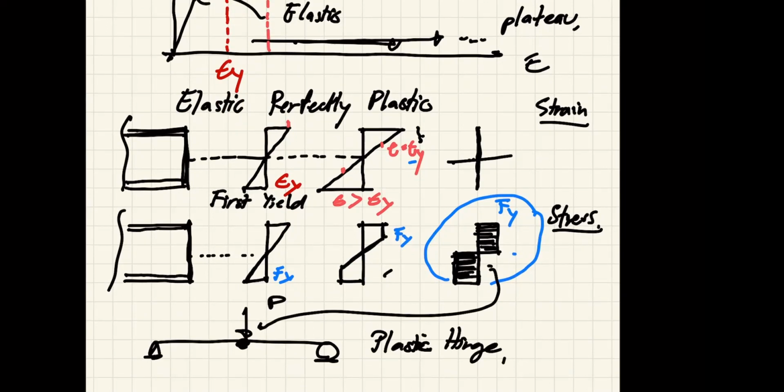If you can recall, we mentioned the first yield, and the first yield is the stress that you can calculate by using the My over I formula, where I over y is your elastic section modulus. The elastic section modulus you see here is based on this stress distribution.